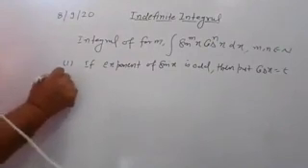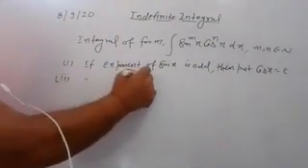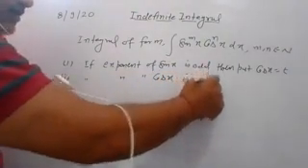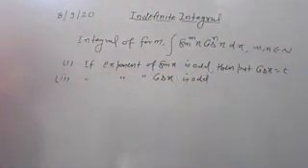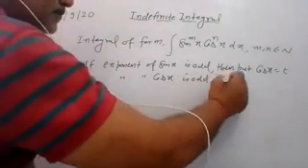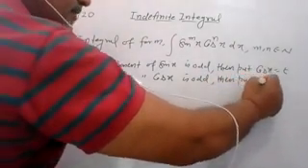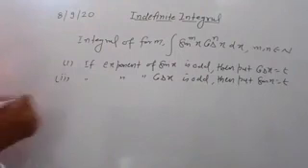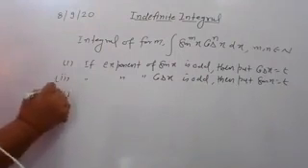Second point, if the exponent of cos x is odd, then you put sin x is equal to t. Then here you substitute sin x is equal to t.